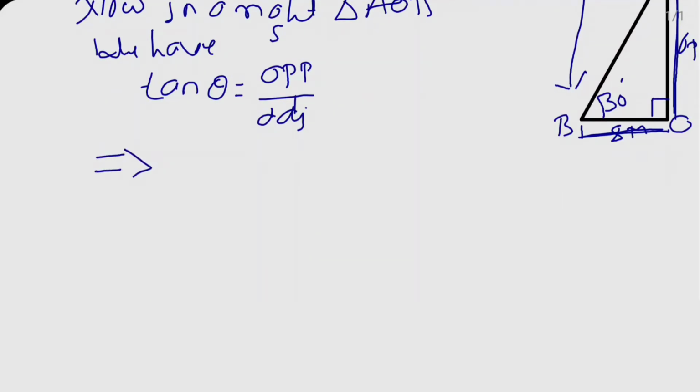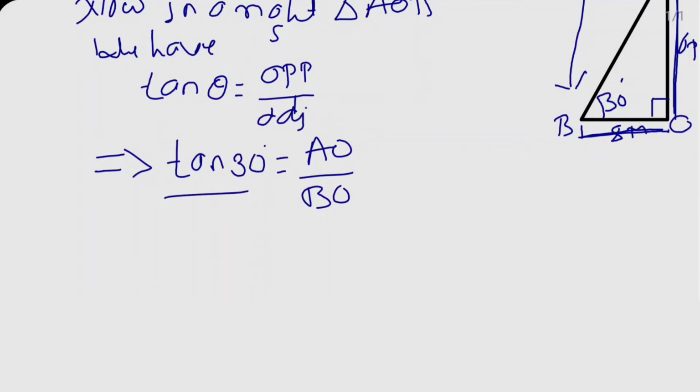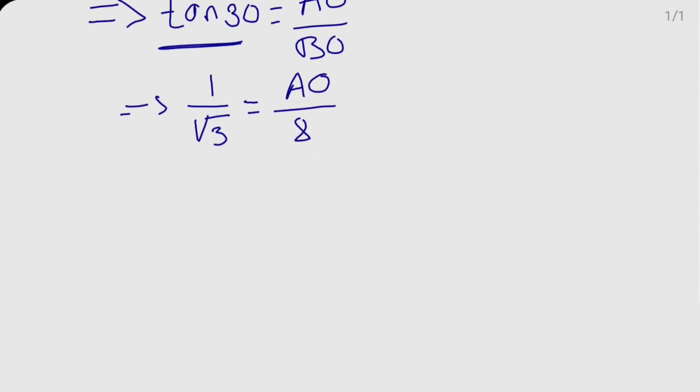Now we already know the theta value, so substitute here. tan 30 equals opposite AO divided by adjacent BO, and we know the tan 30 value. So this implies 1 by root 3 equals AO, which we don't know, keep as it is, divided by OB, which is 8 meters, as given here, right?